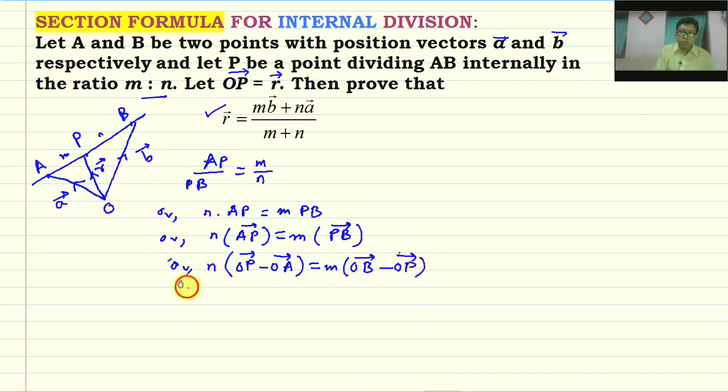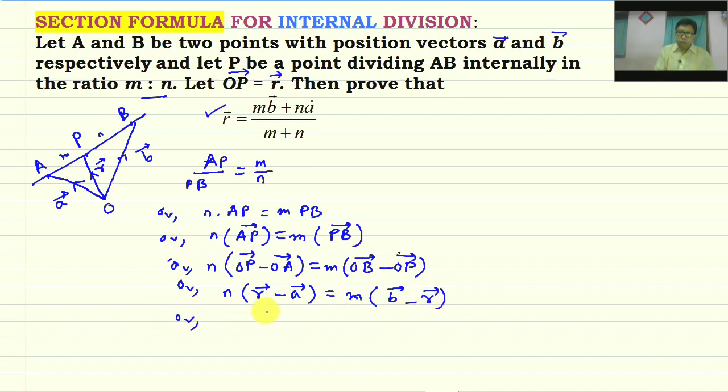So n times OP vector, that means the position vector of P, this is r vector. So write r vector minus OA vector, means a vector, is equal to m times in bracket OB vector, that is small b vector, minus OP vector, means r vector.